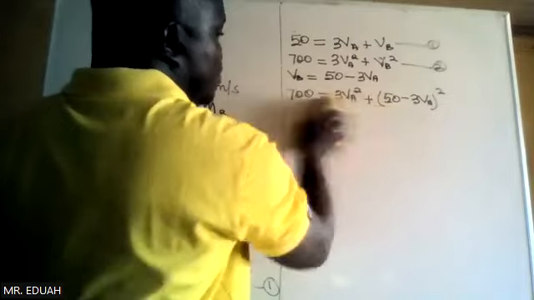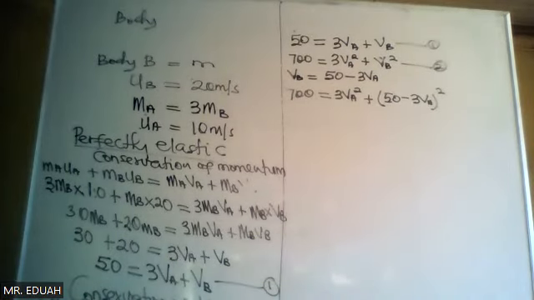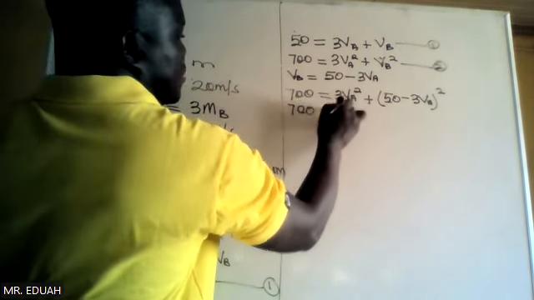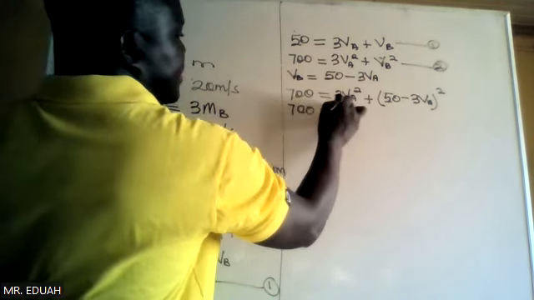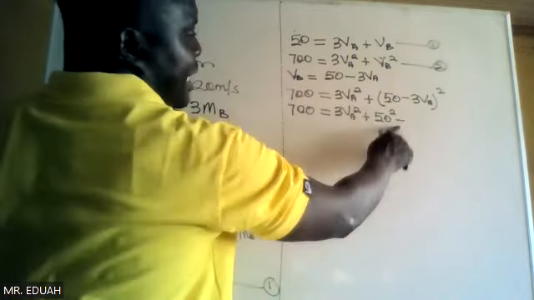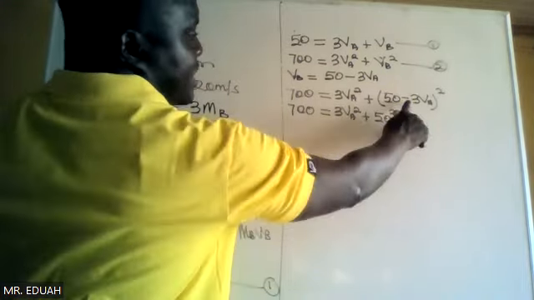As we have done, making that A minus B and then times A minus B is a lengthy method. So 700 is equal to 3VA squared plus, this is A, 50, so A squared, 50 squared, minus, and it is minus because this is negative 3VA. So negative 3VA times 50, that is negative 150VA, times the power 2.